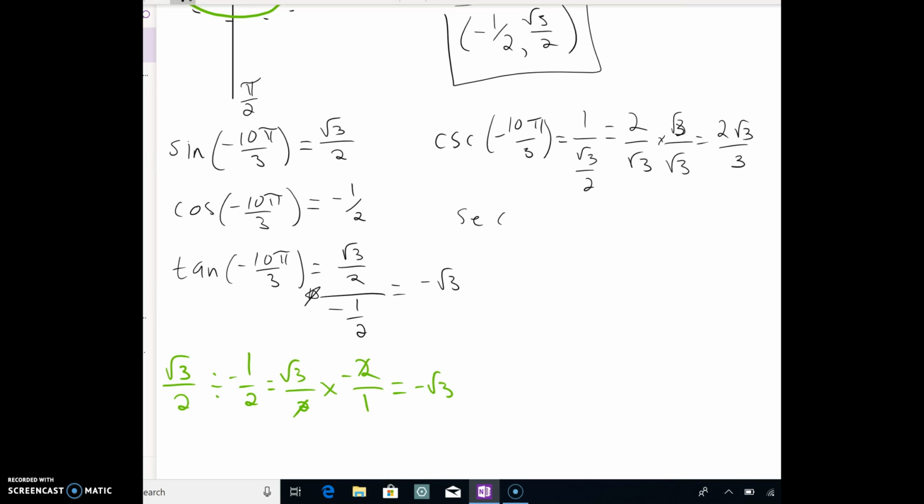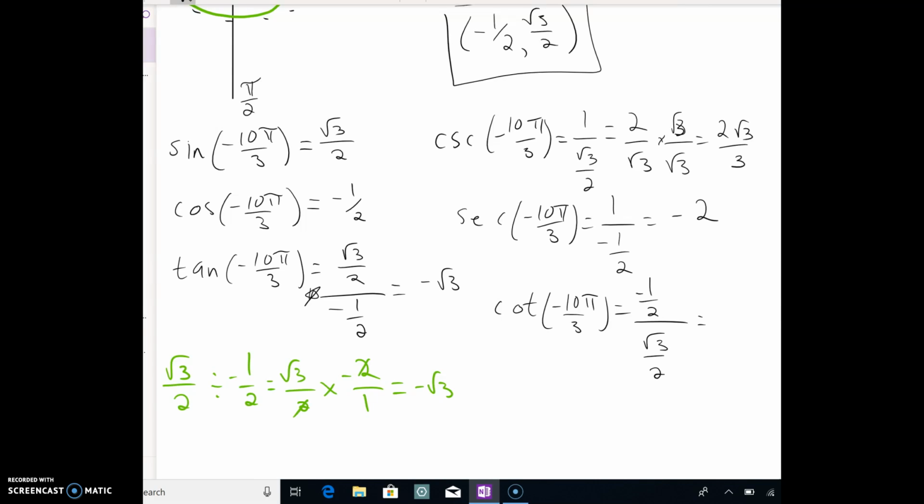For the secant of negative 10 pi over 3, the secant is 1 divided by the x value. So it's 1 divided by negative 1/2, which is the same thing as saying negative 2. And then for the cotangent of negative 10 pi over 3, that's the same thing as saying the x value divided by the y value.